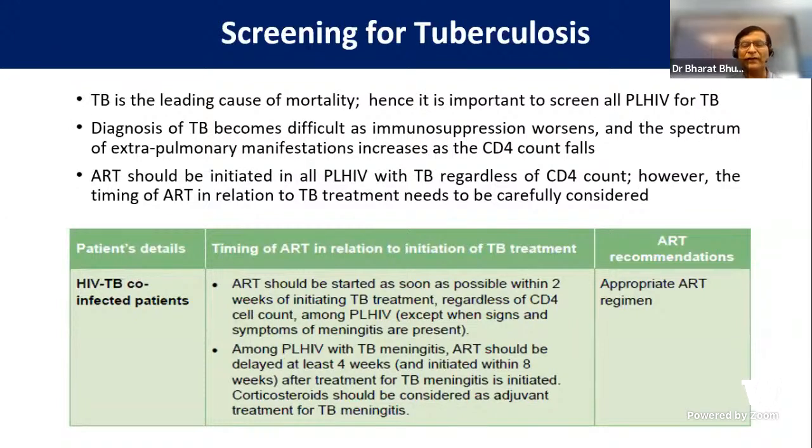But timing we really need to consider, and as per the recent guideline, it should be provided within 2 weeks. And if your CD4 count is less than 50, the TB treatment and ART can be provided simultaneously. Among co-infected patients, if there is tubercular meningitis, ART should be delayed by at least 4 weeks, and can be initiated in 8 weeks after the treatment for TB is stabilized.